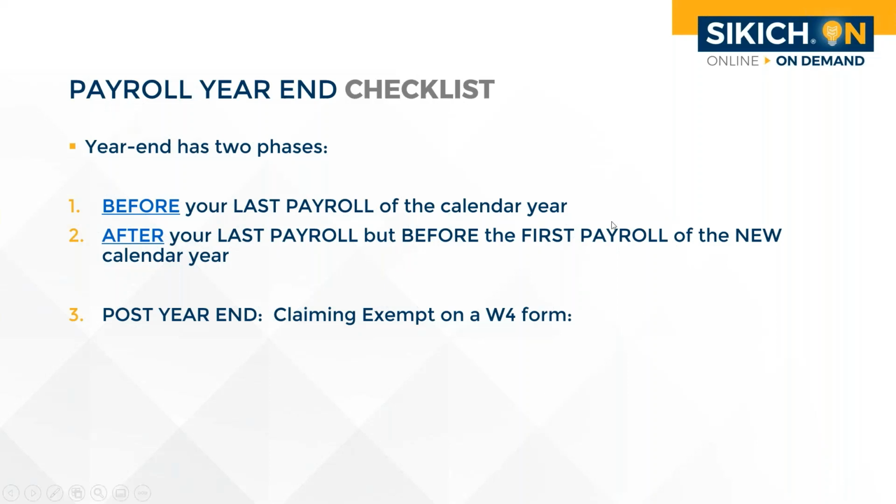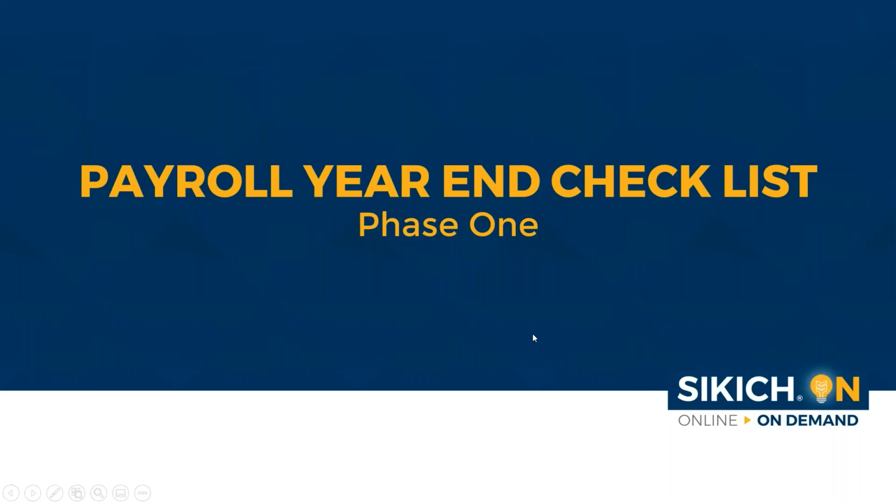On January 1st, what are the things that we have to do, not only to ensure that W-2s are right, but that the first paycheck of the year is going to be accurate? And then another big piece that I have found with a lot of organizations is, what do you do with a person who claimed exempt on a W-4? And what are the rules and regulations around claiming exempt? So with that, I'm going to jump right into phase 1.